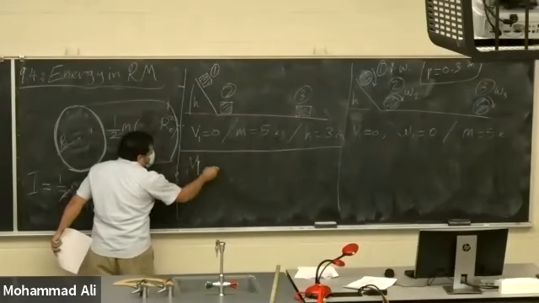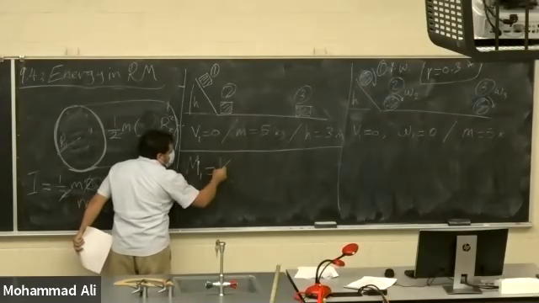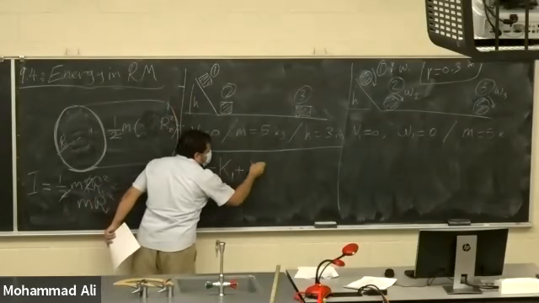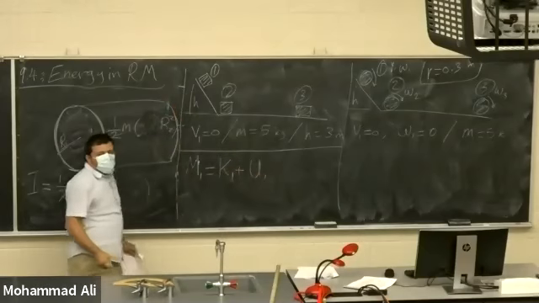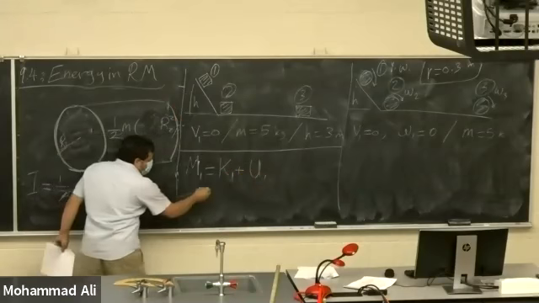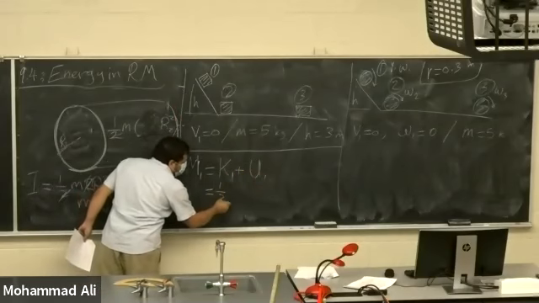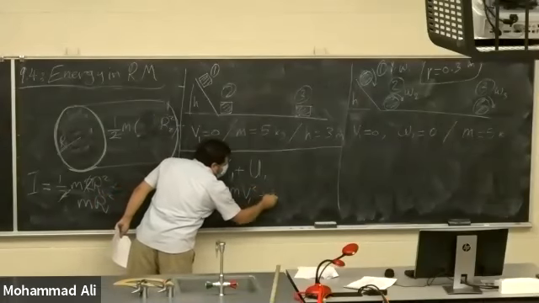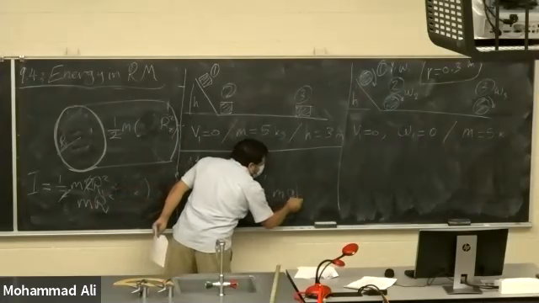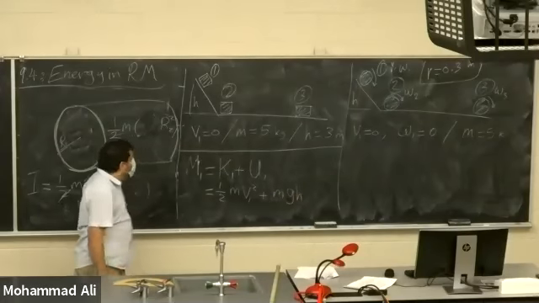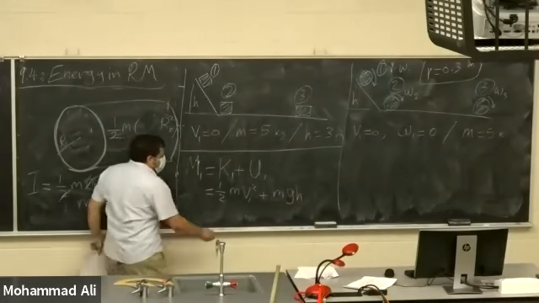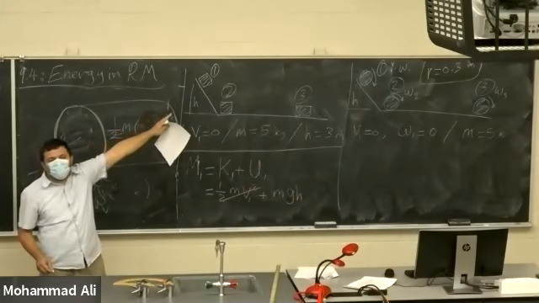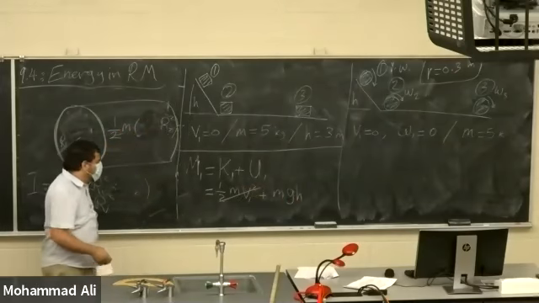at the first point is equal to the kinetic energy at the first point plus the potential energy. We did that many times before. This will be equal to 1/2 m v1 squared plus m g h. V1 is 0, so this term is 0. We don't have any kinetic energy at the first point.